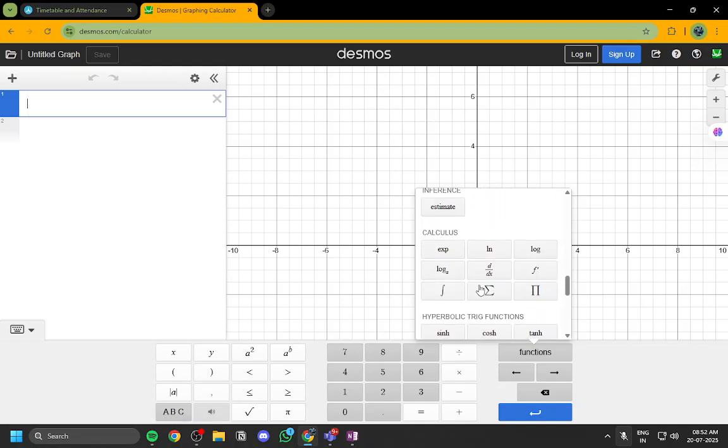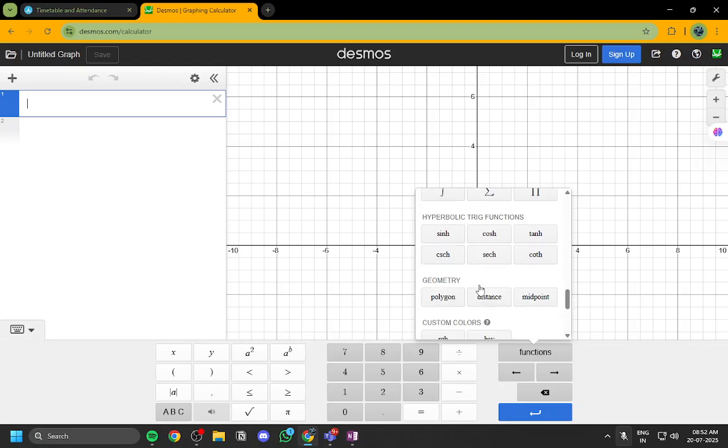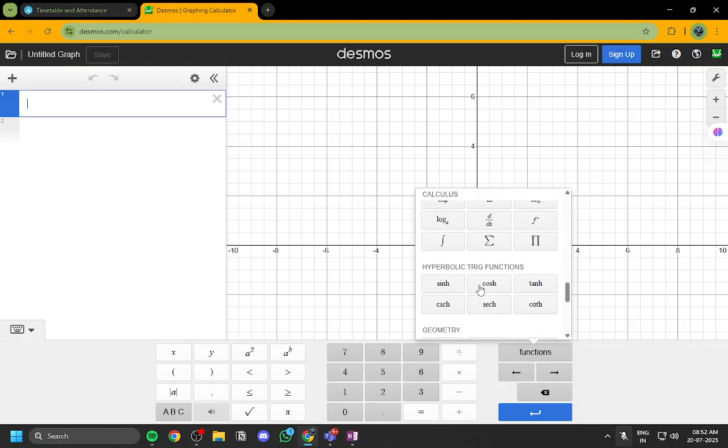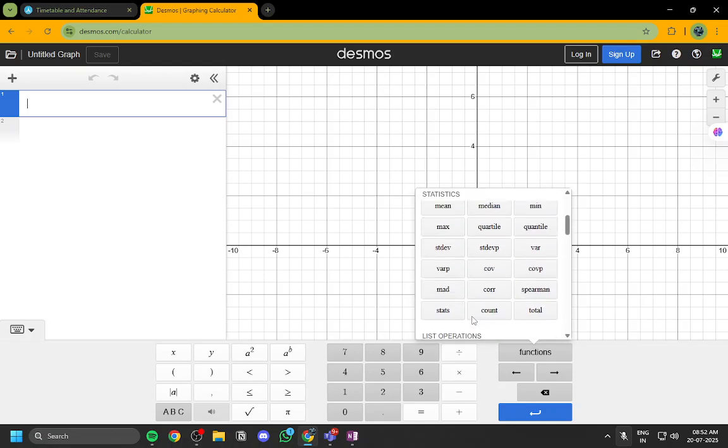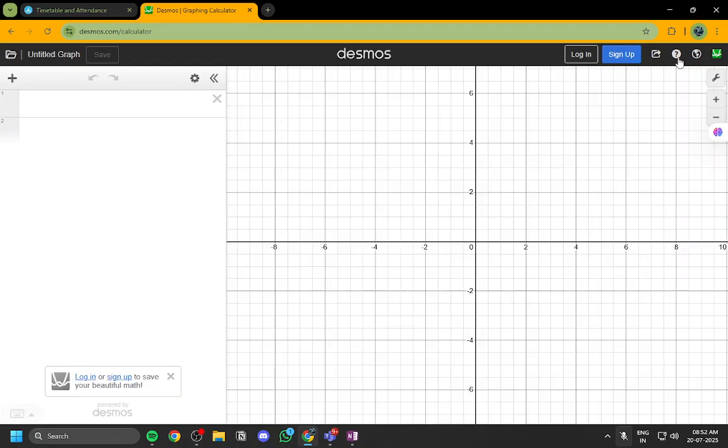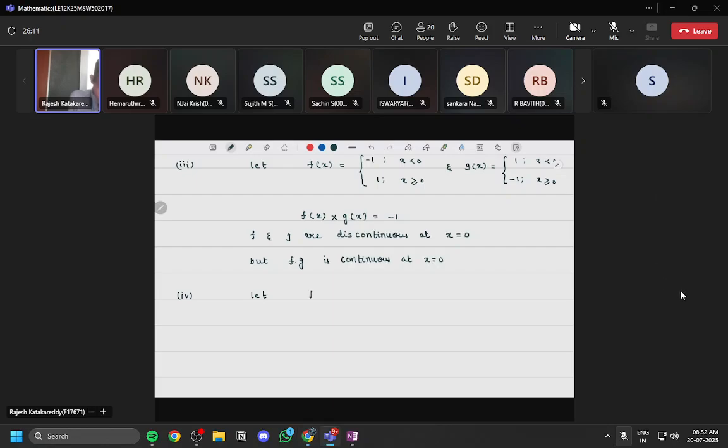Okay, maybe I have the same example. I can use that. Can I scroll up? So scrolling up. I hope everybody is following this class and understanding. Now, in fourth, let us take a function f of x is equal to the fractional part of x, g of x is equal to signum of x.